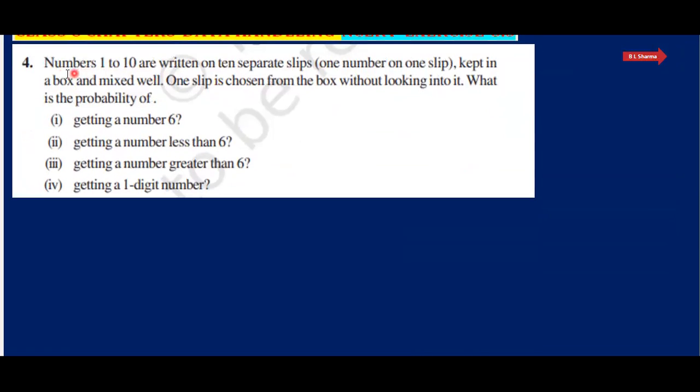Next question. Numbers 1 to 10 are written on 10 separate slips. 10 separate slip है और उसमें 1 से 10 हमने लिखा. देखिए, we can write like this. 1 2 3 4 5 6 7 8 9 and 10.